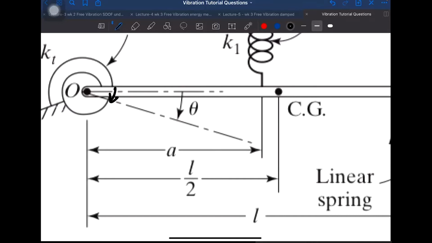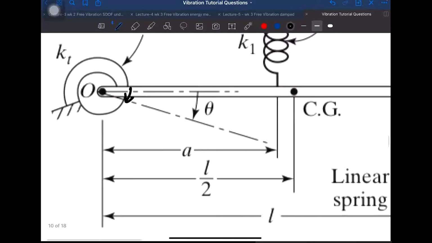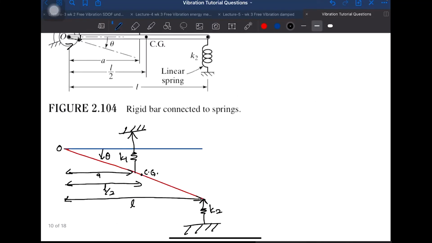Basically, the bar pushes KT when the bar moves downward. The bar pushes KT in this direction, right? So KT will push the bar back to the original position in this direction. I'm going to put it over here so you guys can see.